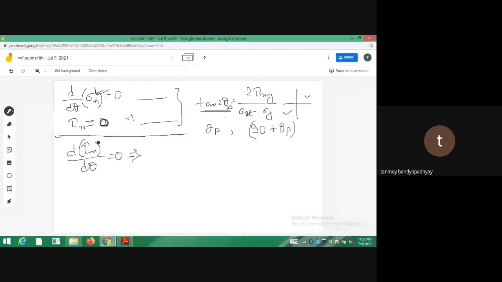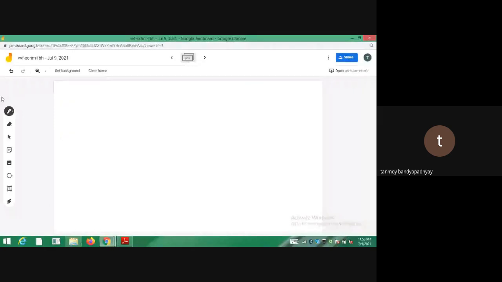It is minus half of sigma x minus sigma y, sin 2 theta plus tau xy into cos 2 theta. This is easier and faster on the board.